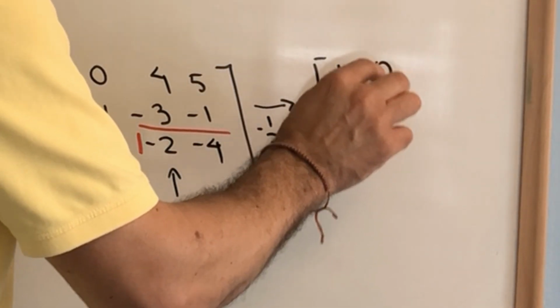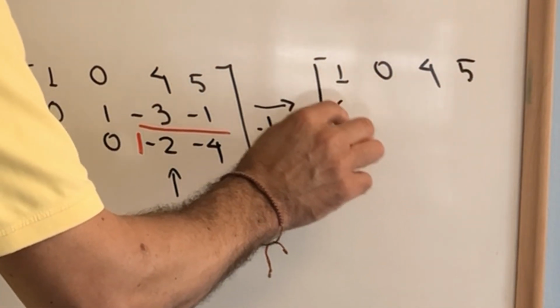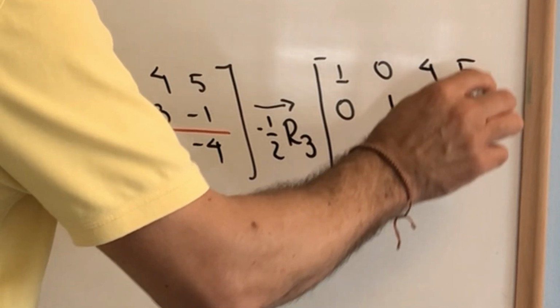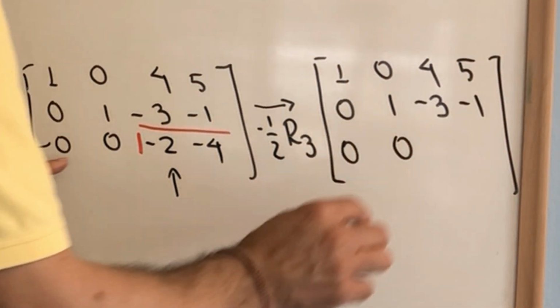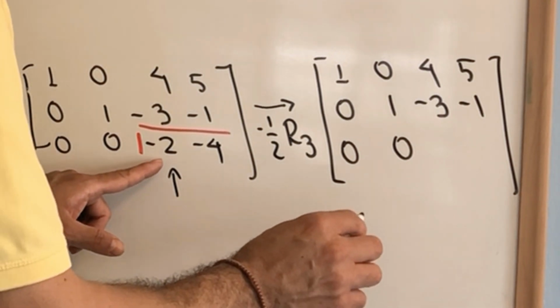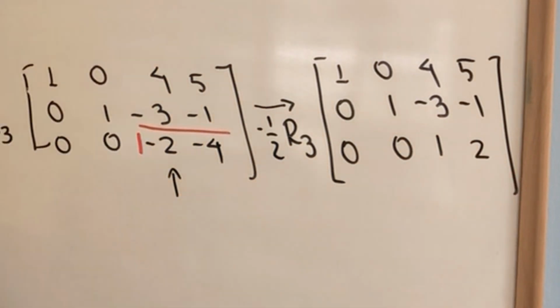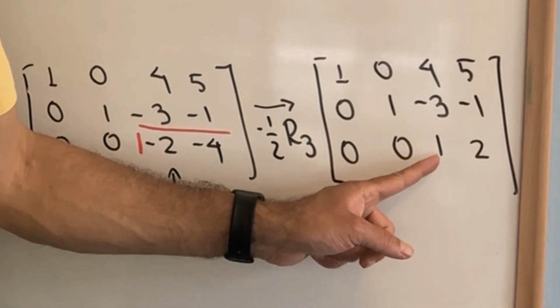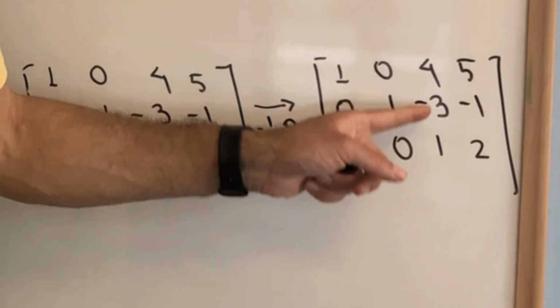1, 0, 4, 5, 0, 1, negative 3, negative 1, 0, 0, 1, and 2. Now that I have this one here, I will use this one to make the rest of the entries in that column equal to 0.